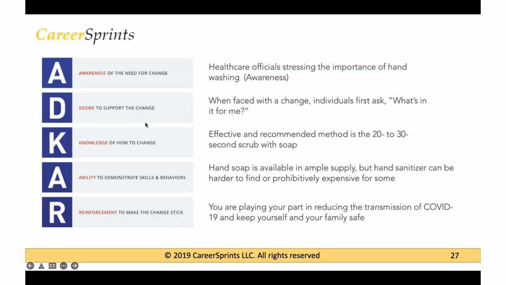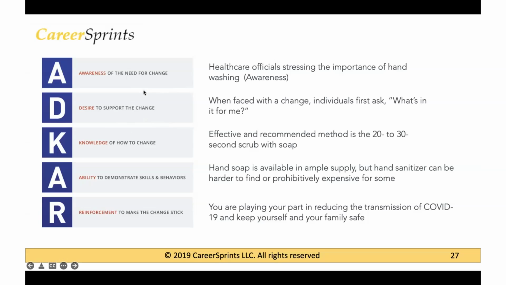So let's take the example of COVID-19. When COVID-19 happened, we were all advised that we need to wash our hands really well so that we don't infect ourselves and then land up infecting other people. And that way we are able to stop the spread of the infection. So the first thing in this model was to understand or get an awareness of what we need to do.